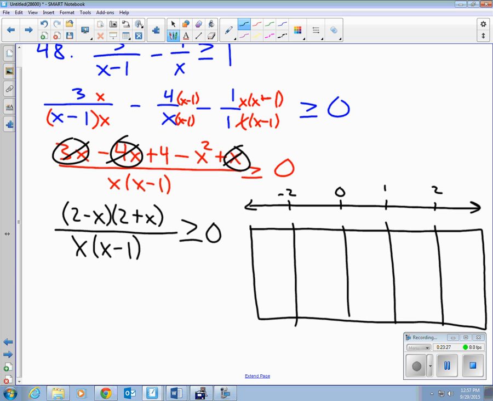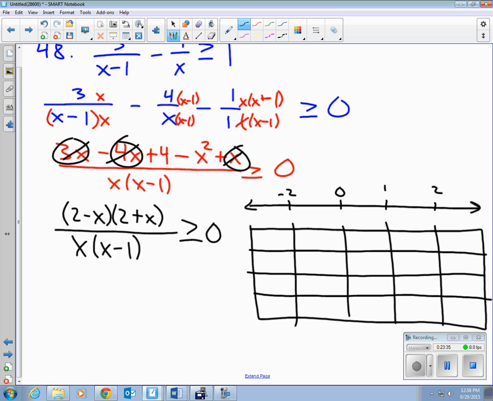How many factors do I have? How many rows do I have? We have 2 minus x. We have 2 plus x. We have x minus 1.